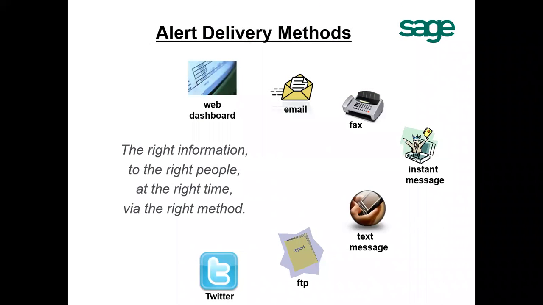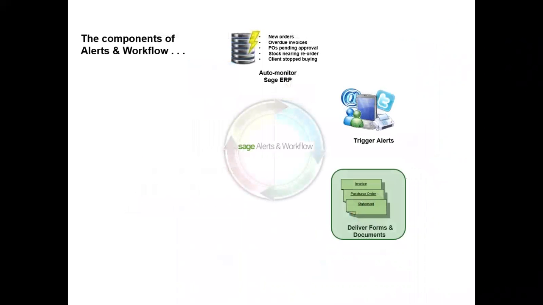As I mentioned, email is in fact still the most common alert delivery method, but text messaging to a cell phone, popping up information on screen or in a web browser, even sending alerts via fax, all of these alert delivery methods come with Alerts and Workflow.